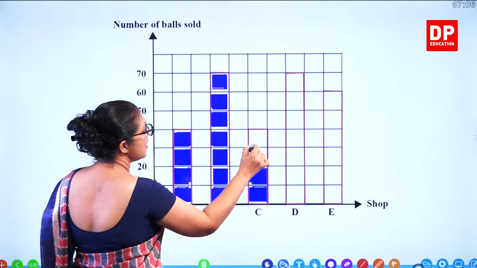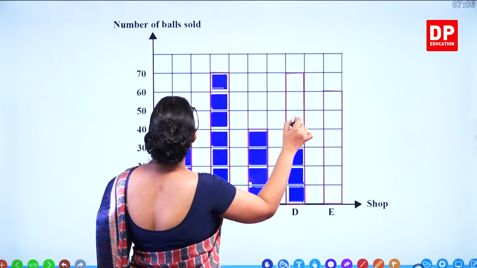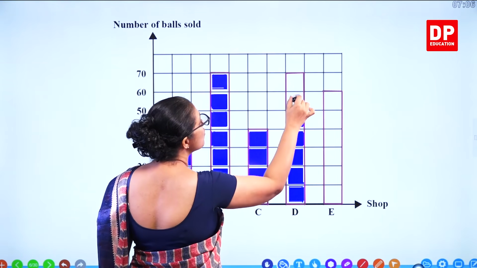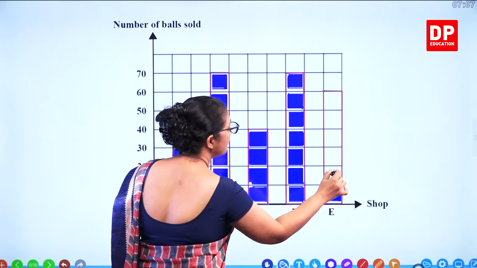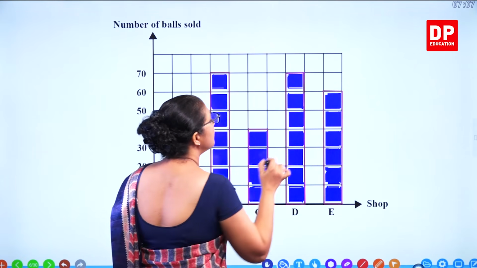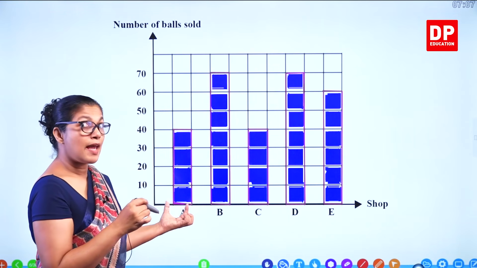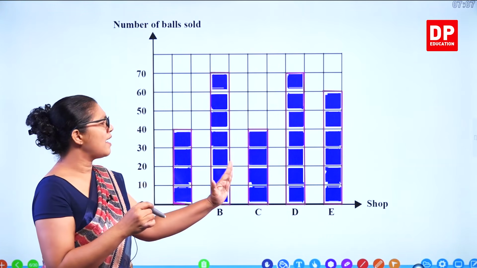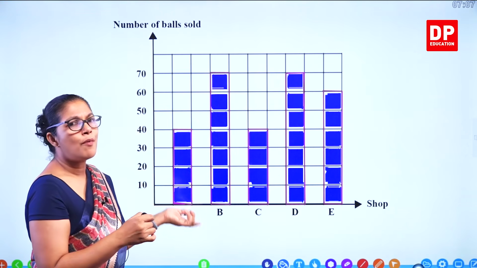So this is the bar chart representing number of balls sold in each store. So you have to give same color. You don't give different colors because this is the same variable, number of balls.